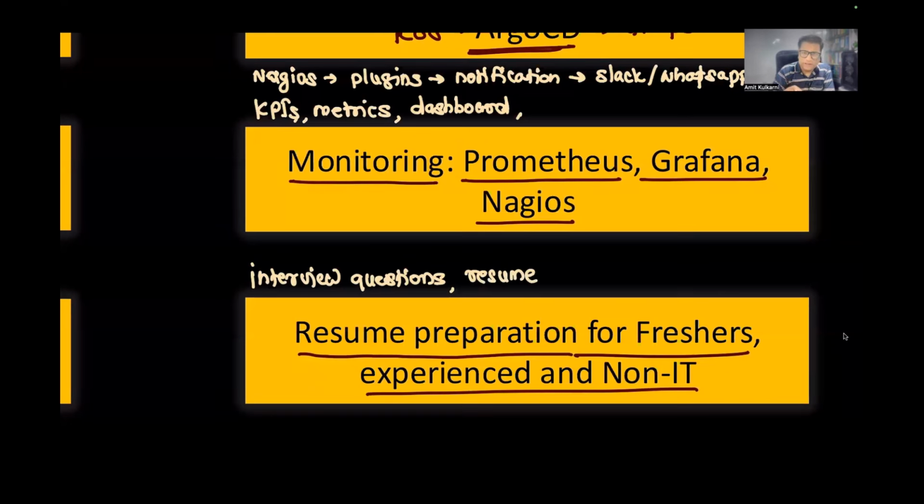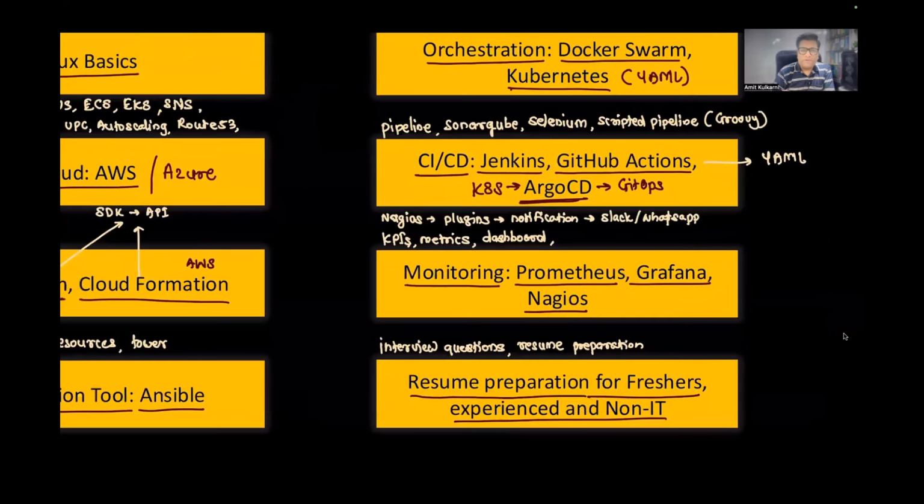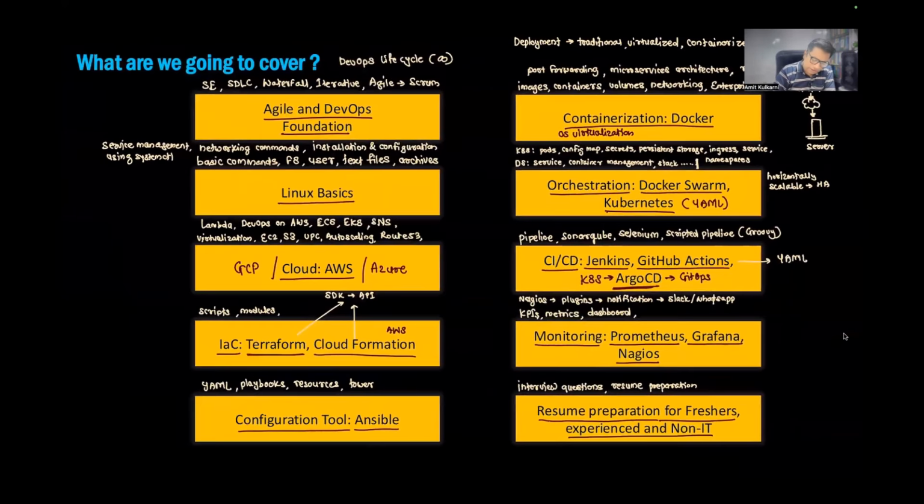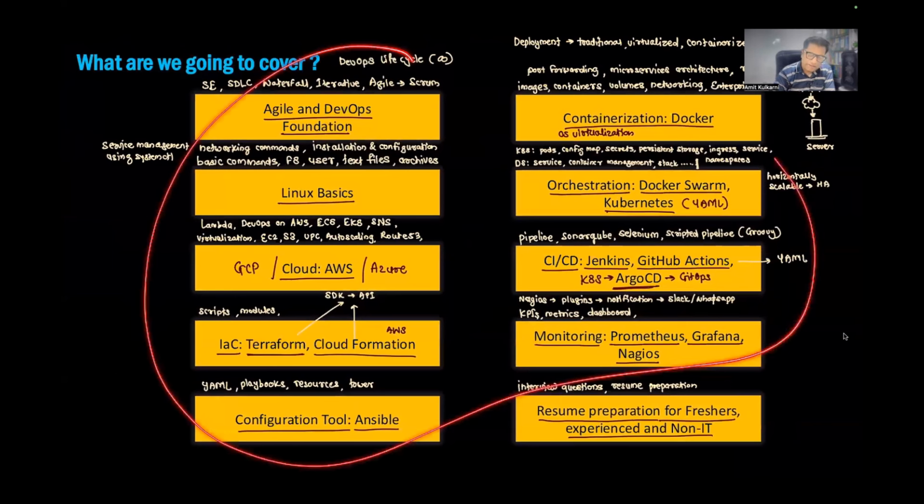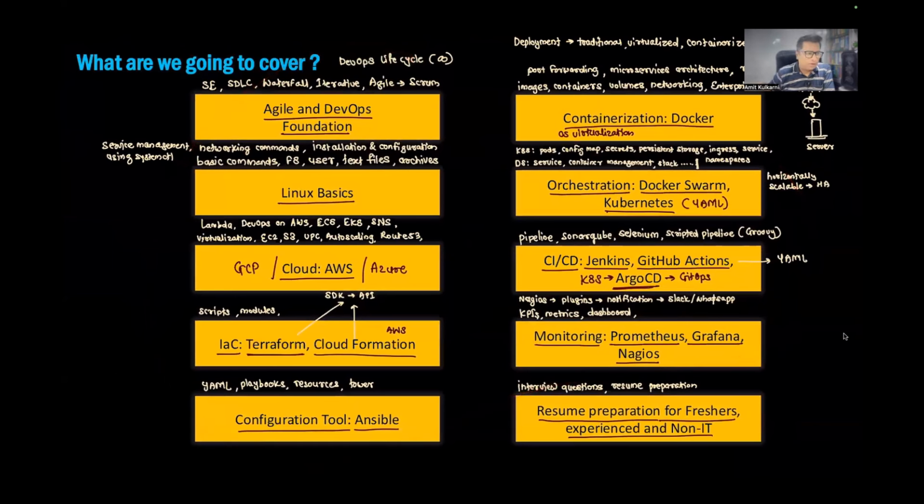There are special things you should mention in the resume to make it eye-catching. So this is resume preparation. We'll also talk about what you should say in the question and answer sessions in your interview pattern. All of these things will be done in this entire course.